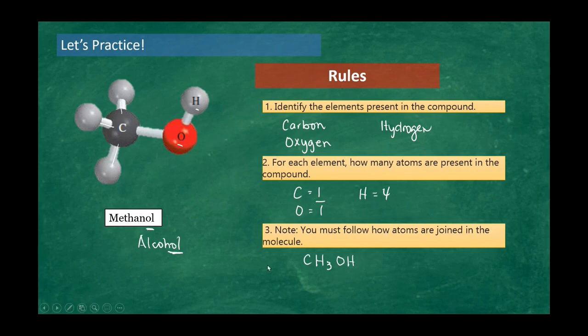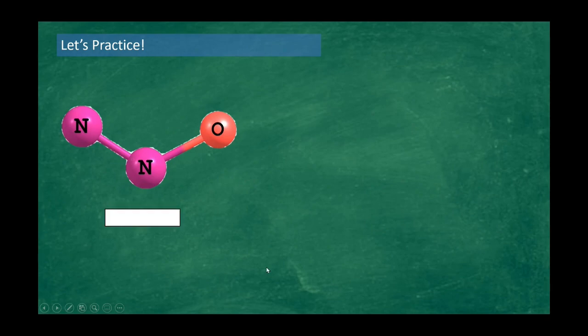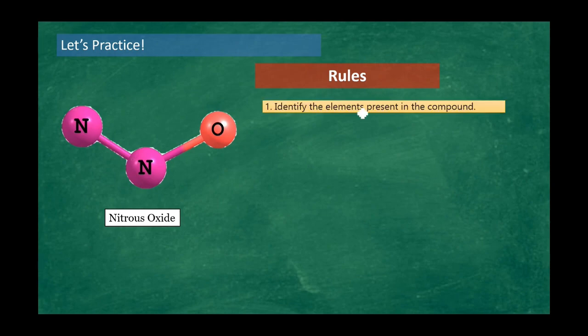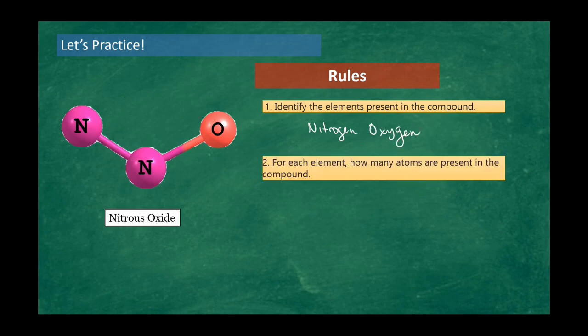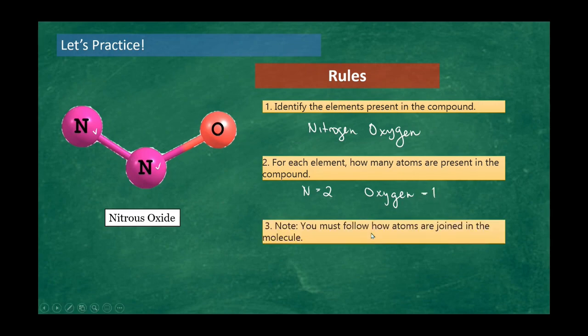Now let's move to another example. How about this one? This one is nitrous oxide. Another for the rule: what are the elements? We have nitrogen and oxygen. In each element, how many atoms? For our nitrogen, we have 2, 1 and 2. And for our oxygen, we have 1. And you have to follow the attachment of the atoms.